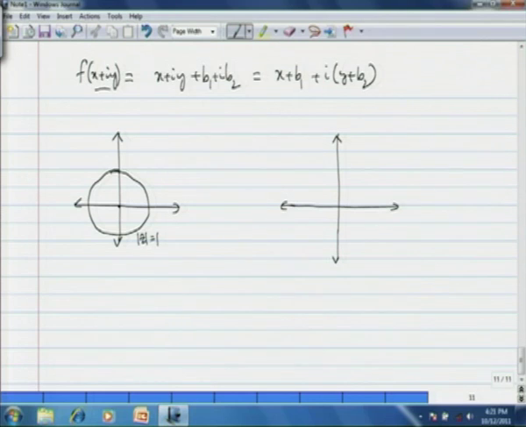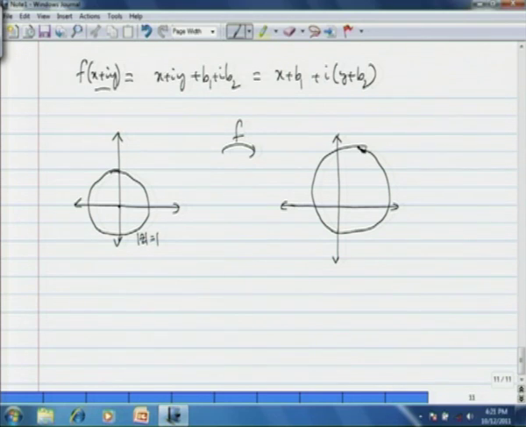The image of this circle under the given function is essentially the translation of this circle by b units. So, this circle moves to a position like that, where we saw that.